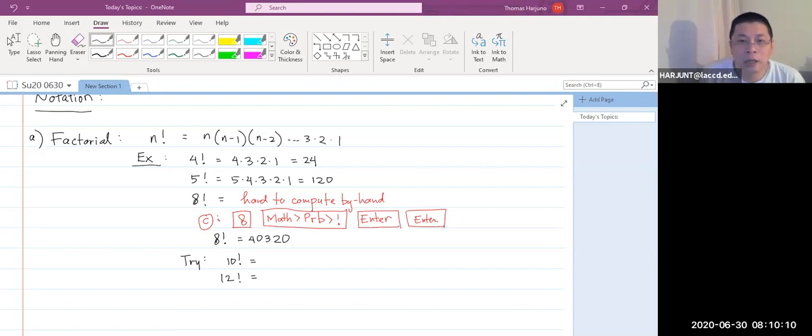I get, for 10 factorial, 3,628,800. I use commas there just to help us see the big number. That's a big number.